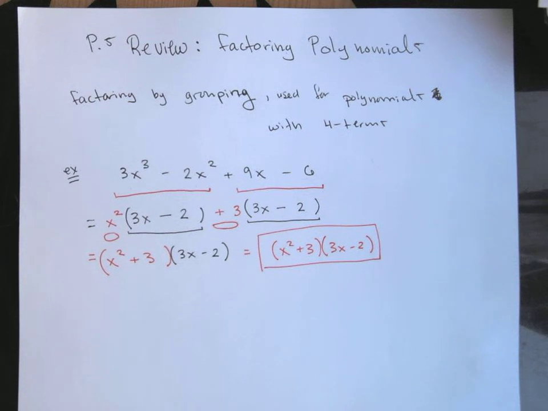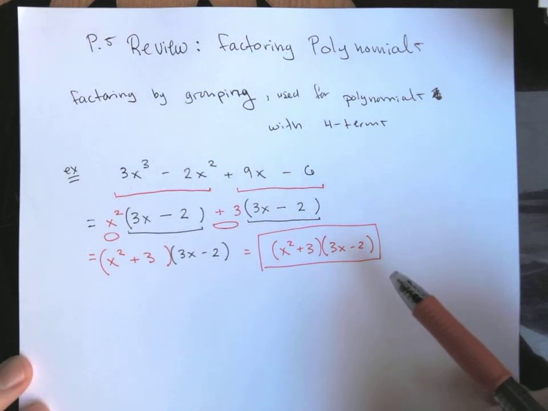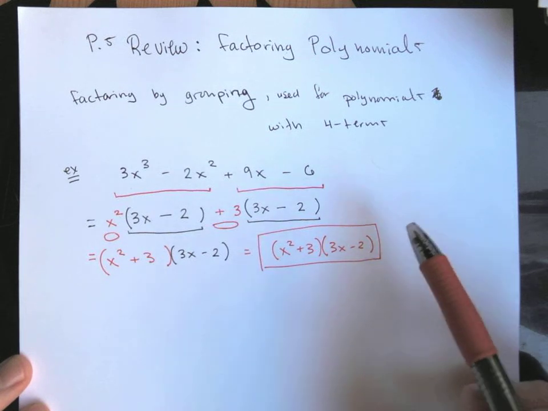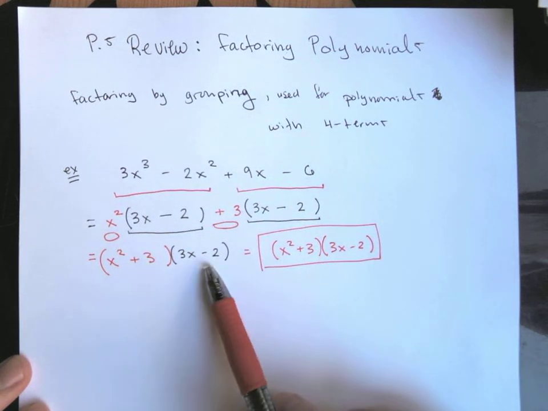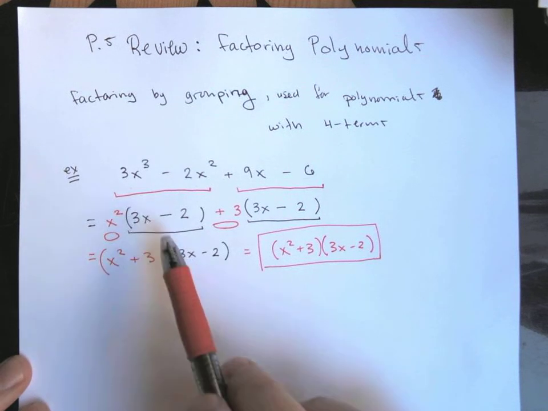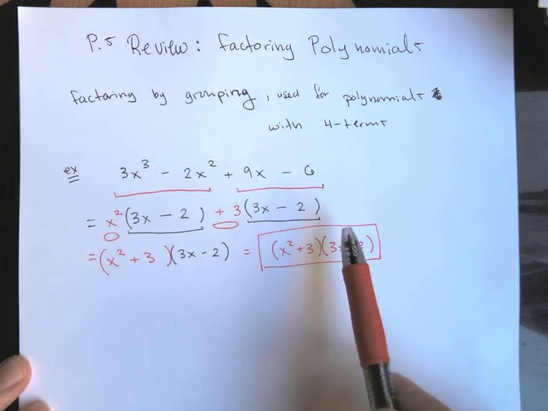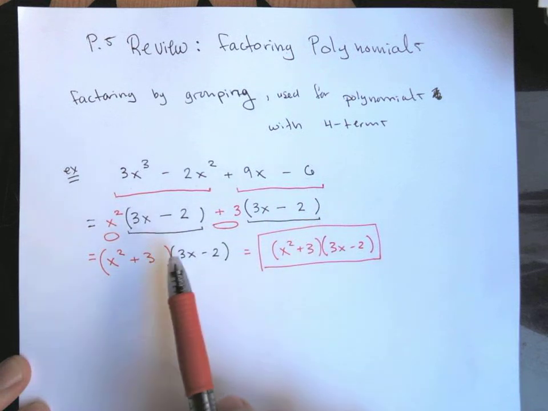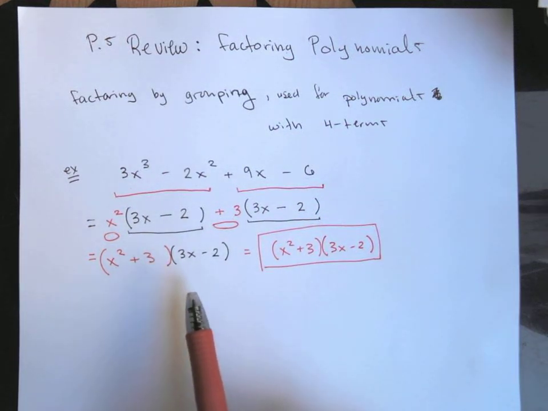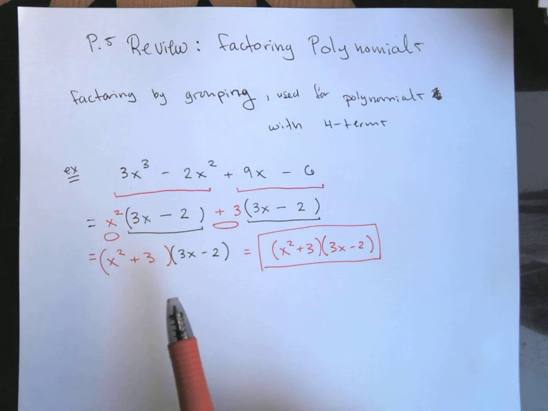We've got some GCFs in there, and the idea is we're trying to take this individual term by term expanded polynomial and rewrite it, break it down and combine it into a product of 2 smaller, simpler, shorter polynomials. So we're taking all this addition and subtraction with individual terms and compressing it into multiplication, a product of these shorter polynomials. That's the basics. So factoring by grouping.